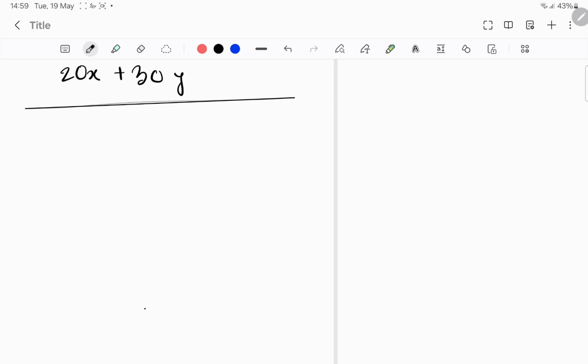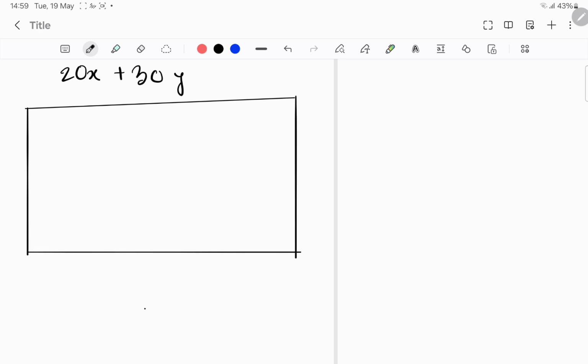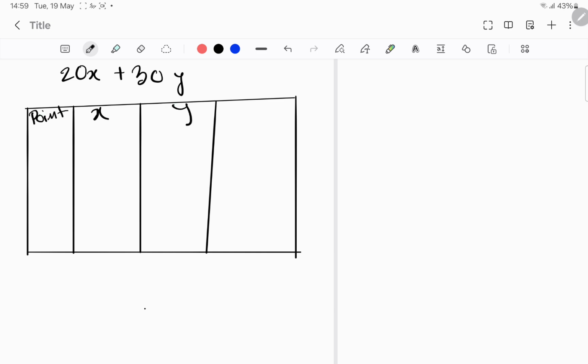So just make a table in here: point, x, y, revenue.